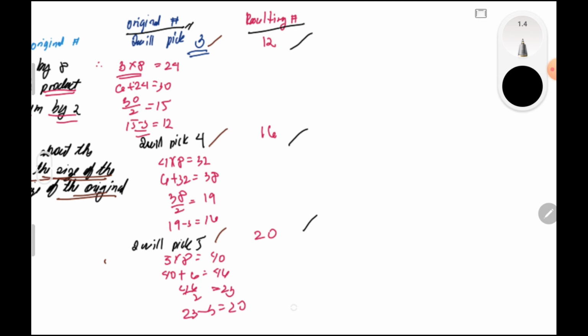Can you think of it? Diba? So pag kinuha mo yung sum nila is 15, 20, 25. Okay. So pwede kong sabihin that the sum of the resulting and the original number is divisible by 5.